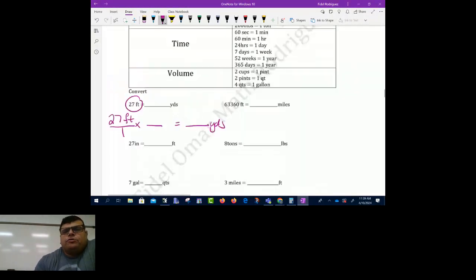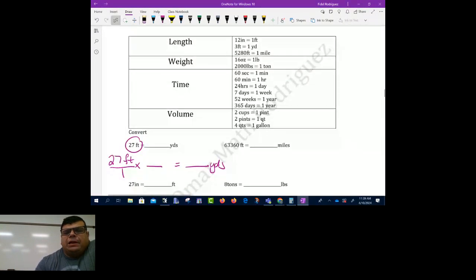So I'm going to scroll back over here, and I'm looking for a relationship that talks about feet to yards. Right here, 3 feet is 1 yard. Since I want to end up with yards, I'm going to put the 1 yard on the top and the 3 feet on the bottom. Whatever unit I want to end up with is going to go on top. Whatever unit I have is going to go in the bottom part.